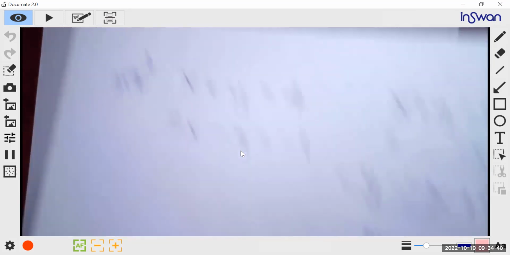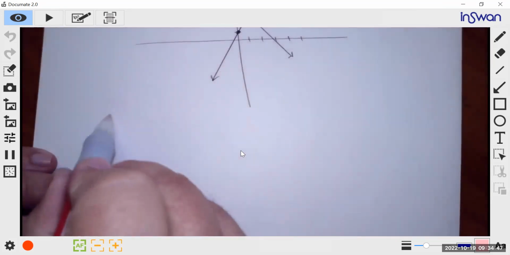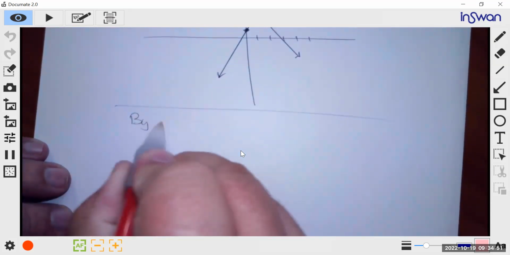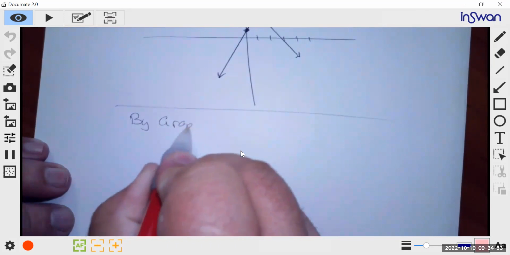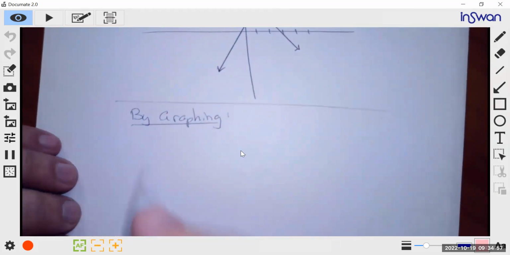The next section. So, for the graphing method, what is the procedure? What do you have to do first?